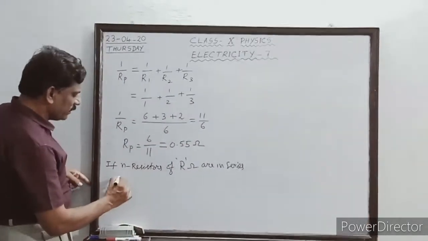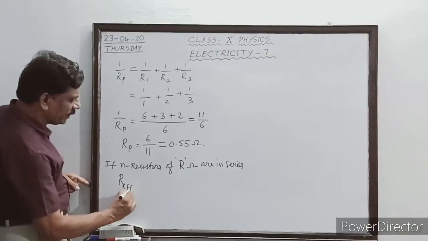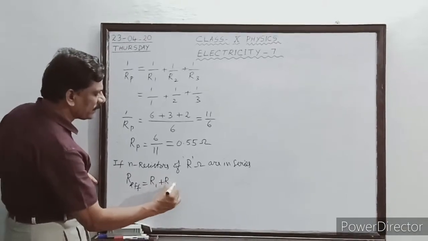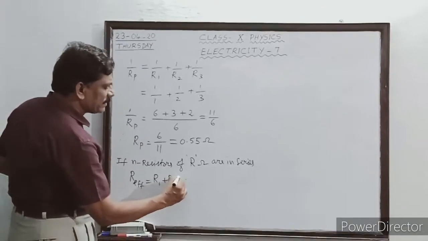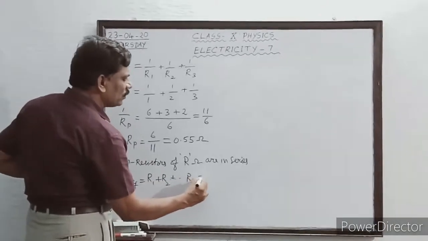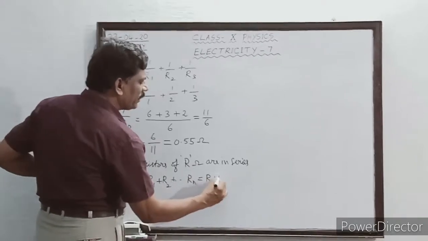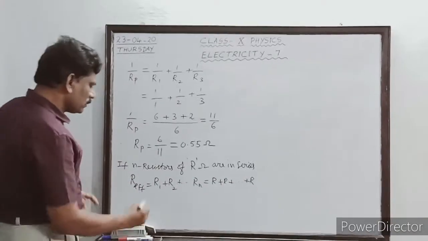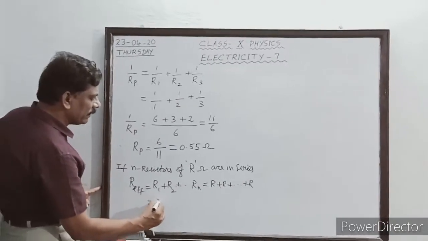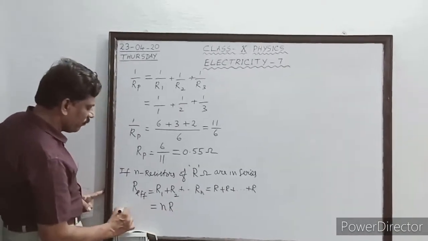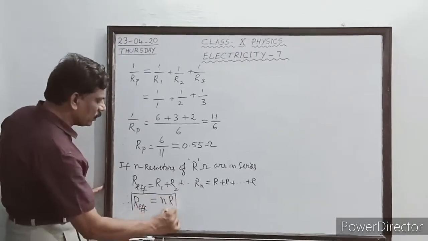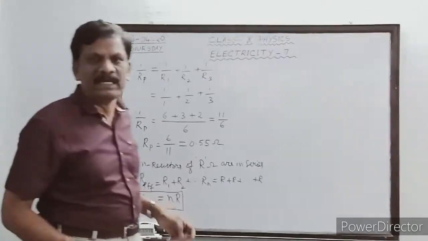So the effective resistance R effective will be equal to R1 plus R2 plus like that up to Rn. So this is equal to R plus up to the last term, which is also R. So this is equal to N times R. Therefore, R effective is equal to N times R, N into R.